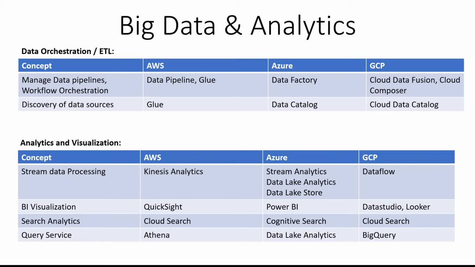So it's like a summary view that you can get of your data sources. That is one popular use case, especially for a big company. So that's about the data orchestration or ETL side.